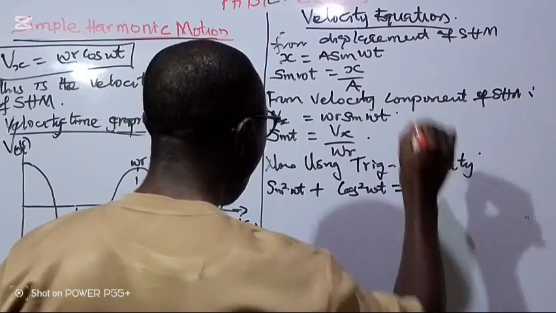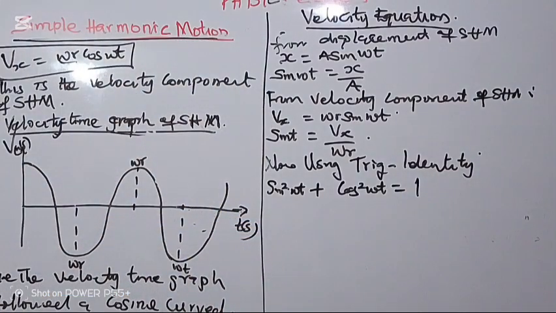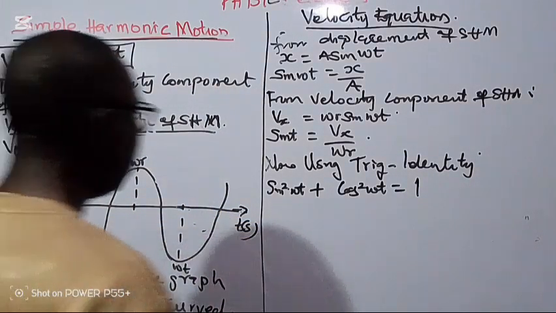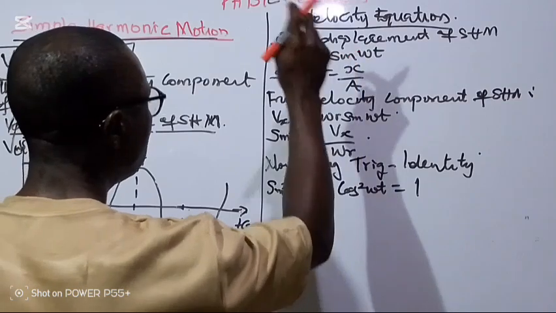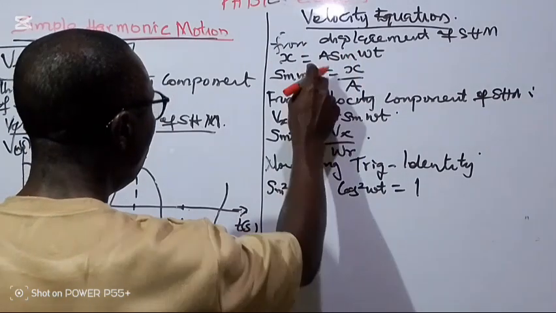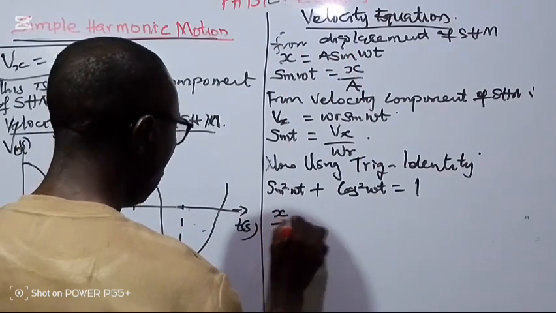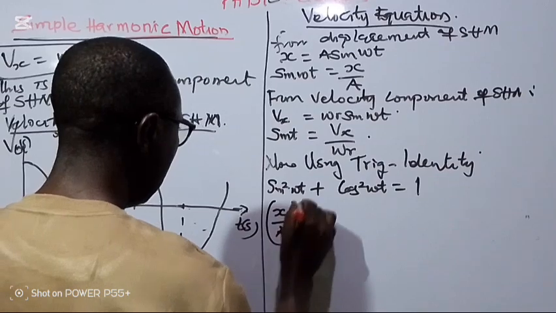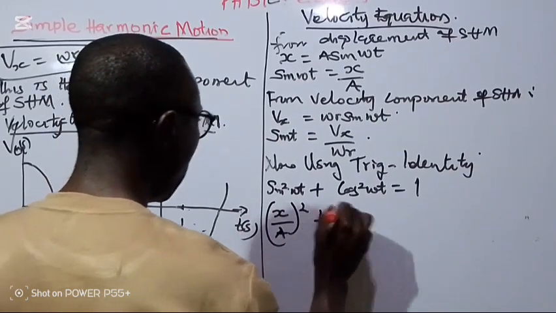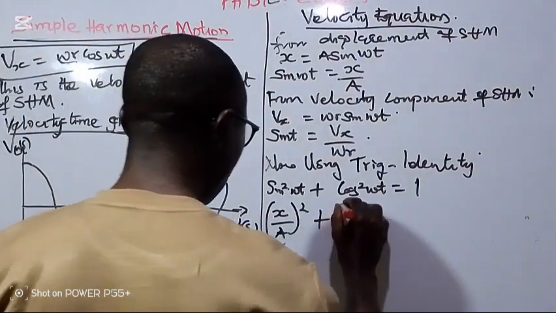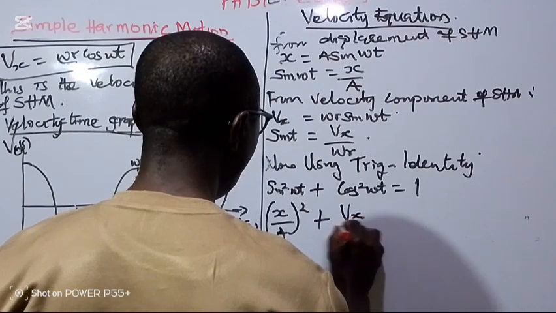So we are going to have s over a all squared plus Vs over omega r all squared is equal to 1.